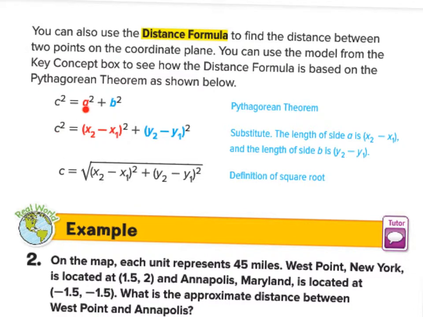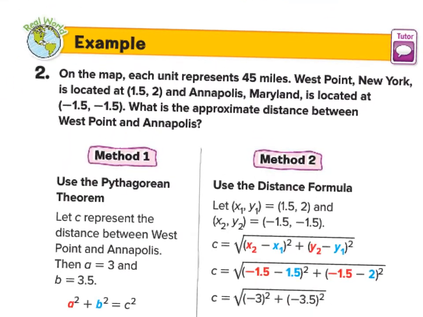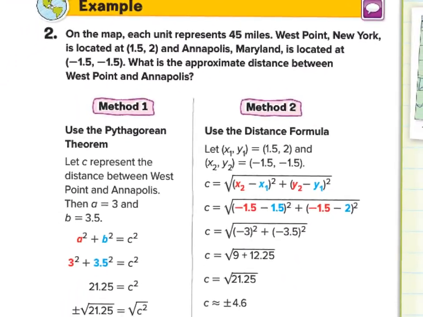But you notice that for a squared, we have to look for a value of a by finding the difference of both x coordinates, and we have to find our b by finding the difference of both our y coordinates, and they're still squared. But then in order to get rid of the square exponent, we have to take the square root. So that's how it's based. It's based on the Pythagorean theorem.